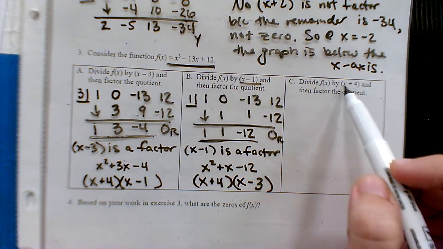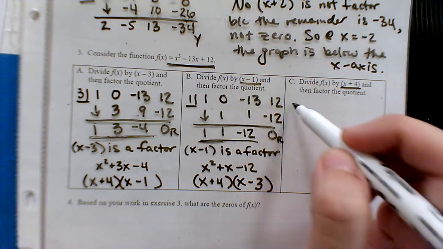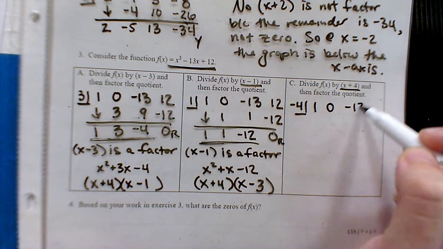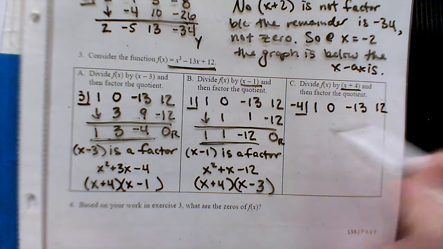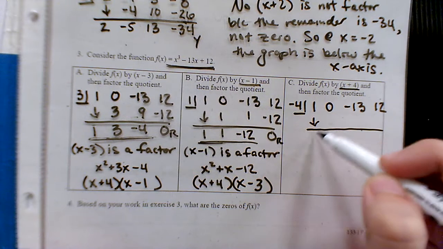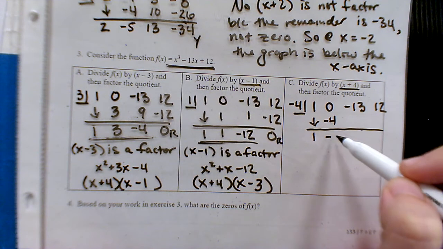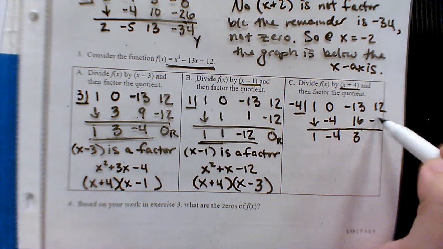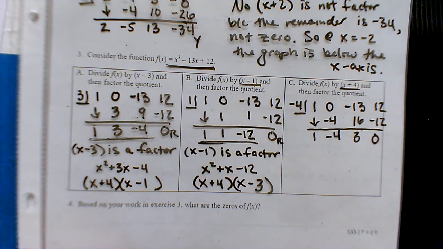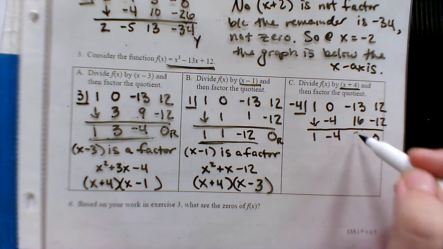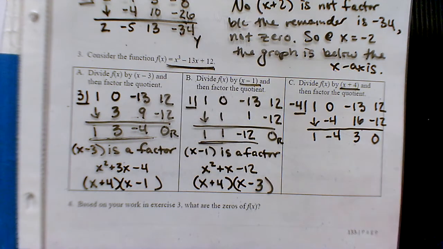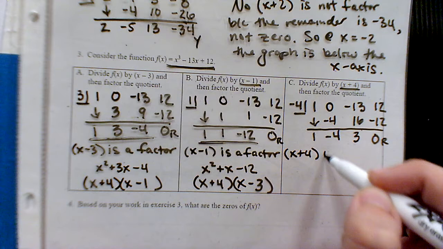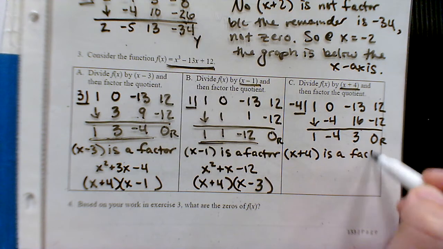All right, last but not least, we're going to divide by x plus 4. So little box number is -4. Based off of that synthetic division, we know x plus 4 is a factor.